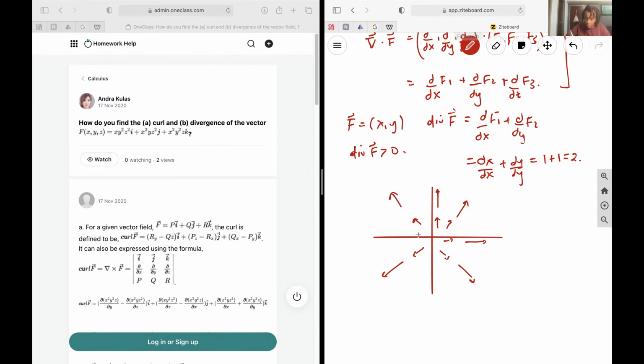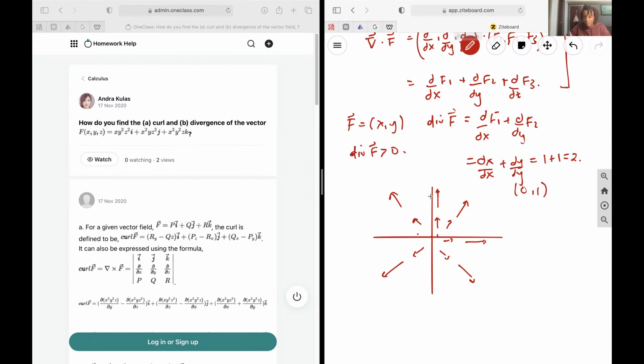And how I know that is, let's say I have the coordinate 0, 1 here, for example. Since my vector field is xy, it will give me a vector that is 0 in the x direction and 1 unit in the y direction.